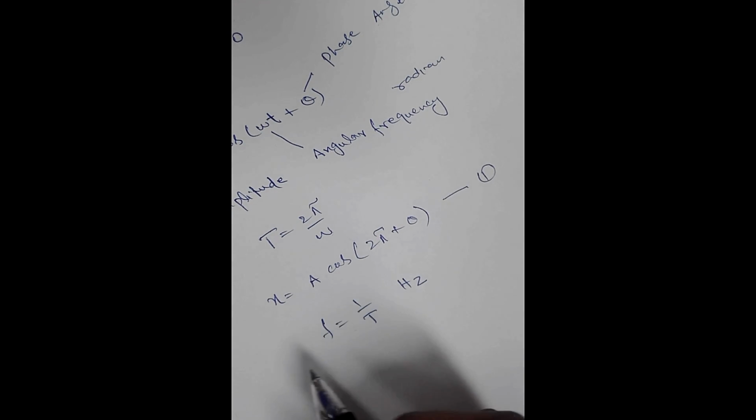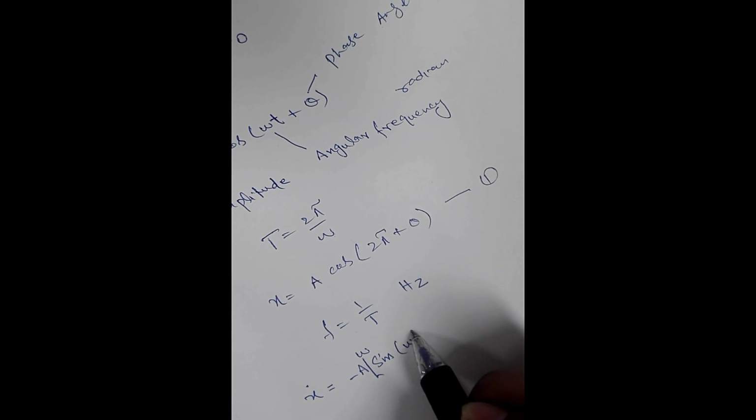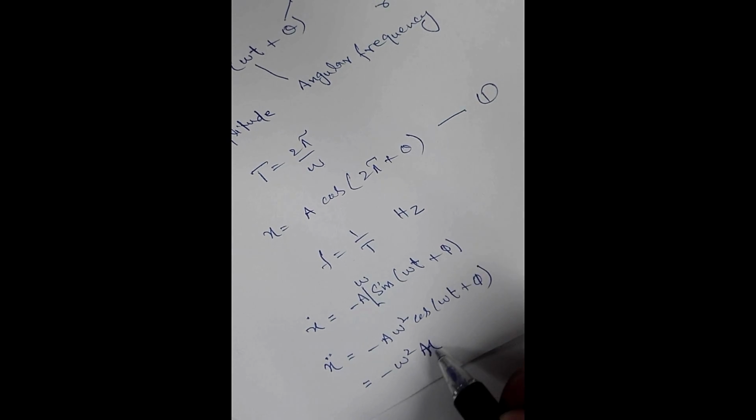So the first derivative of equation 1 is x dot is equal to minus a omega sine of omega t plus phi, and the second derivative will be like minus a omega square cos of omega t plus phi, and if we simplify it, it is like minus omega square a cos, minus omega square x, sorry.